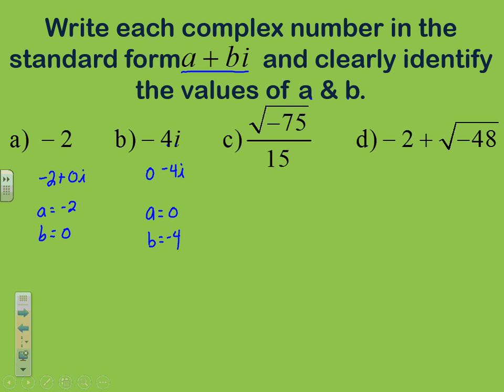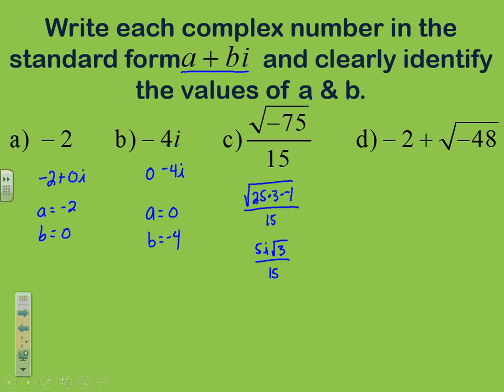Here, the only thing that we're taking the radical of is the numerator. So I'm going to spread that out with its individual factors: 25 and 3 and a negative 1, and all of that is over 15. So the square root of 25 in the numerator gives me 5i after I take the square root of the negative 1, with the remaining radical 3 over 15.